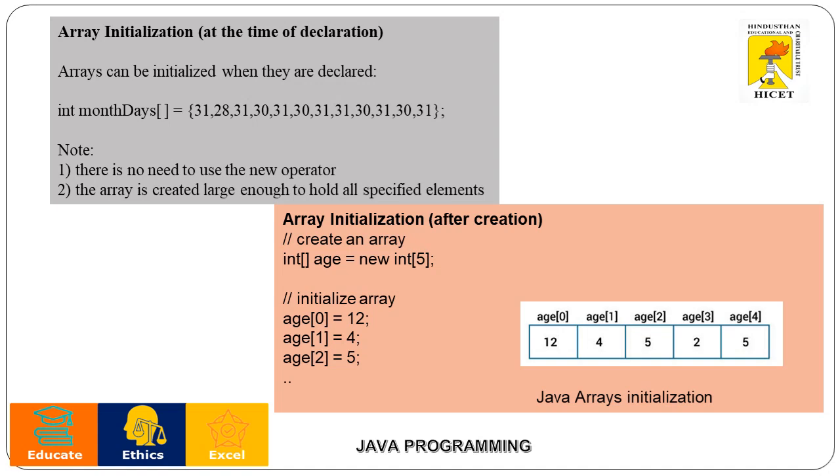Age of 0 is equal to 12. So now the value 12 will be stored in the index location 0. And the next line, age of 1 is equal to 4. Now the value 4 will be stored in the memory location mentioned by age of 1. Similarly, it will store the values inside the memory locations.